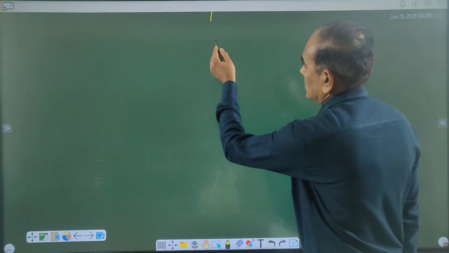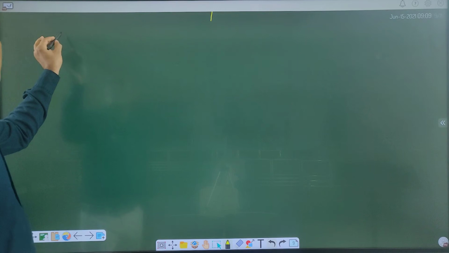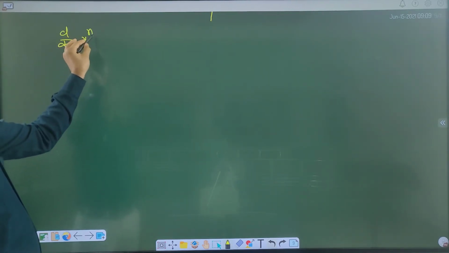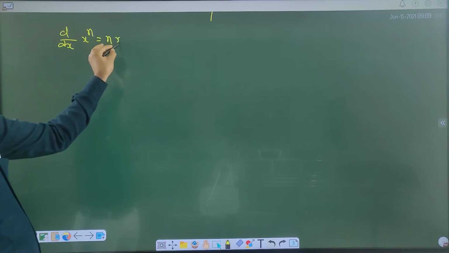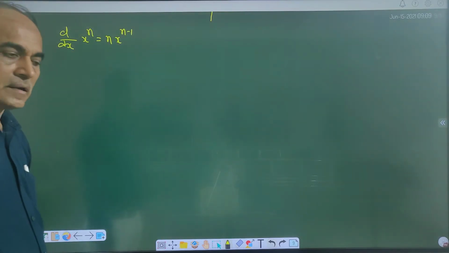See, I would like to write the standard forms one by one. First of all, you all know this form: d by dx of x raised to n is equal to n x raised to n minus 1. Yeah.